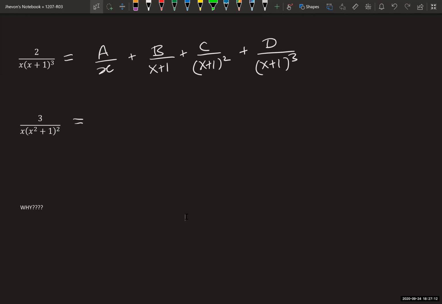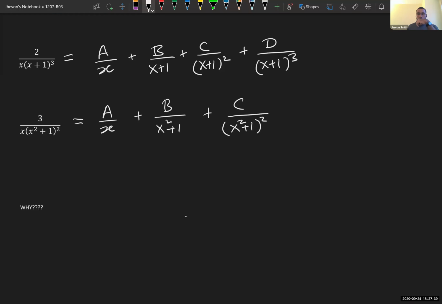So that'll be a over x plus b over x squared plus 1 plus c over x squared plus 1 squared, that whole set squared. Okay, do we agree? I don't agree. How would you change it?